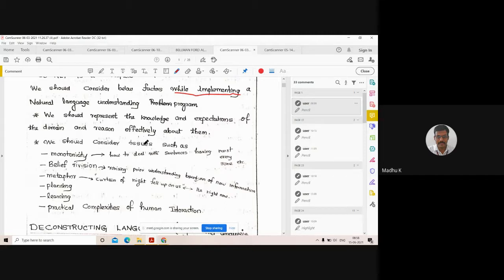We should consider issues such as monotonicity, belief revision, metaphor, planning, learning, practical commerce. So, these are the issues we need to consider while implementing a natural language program.